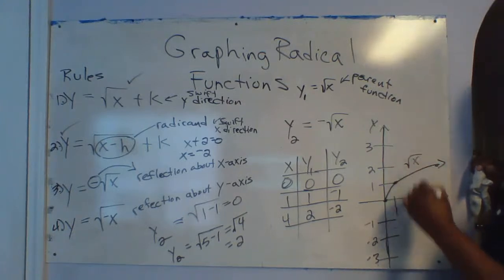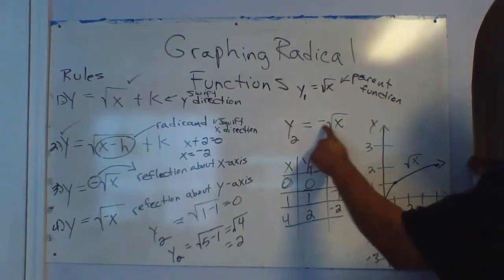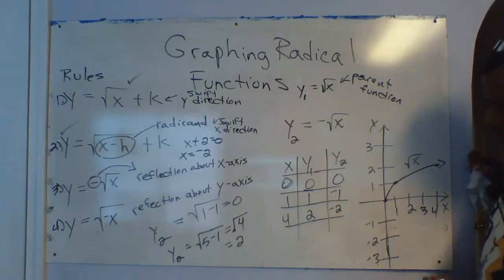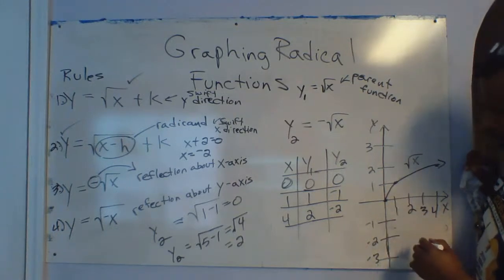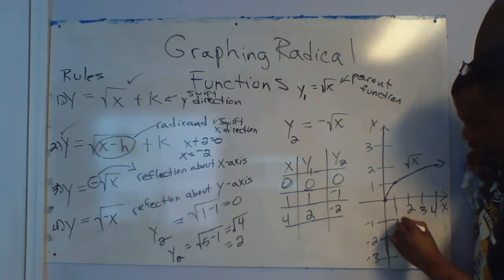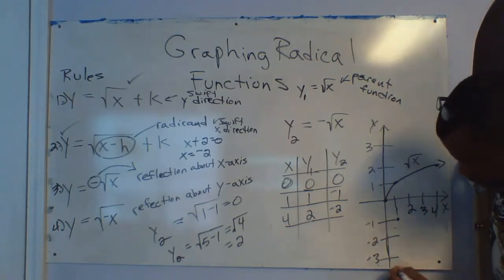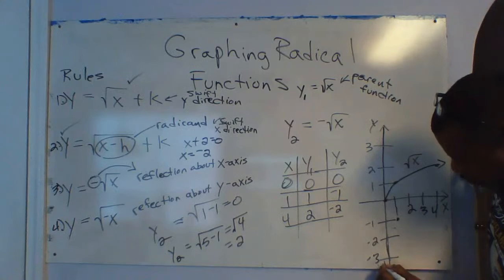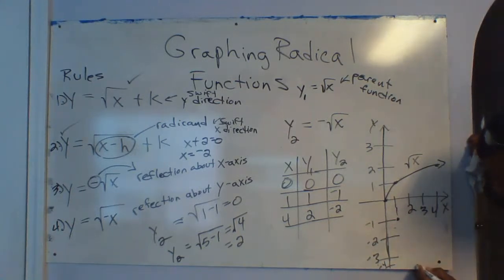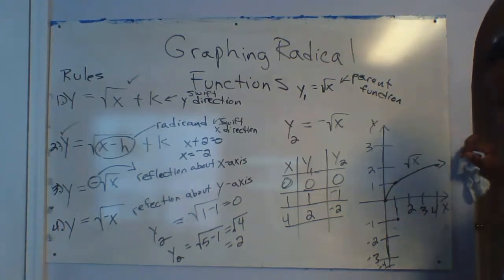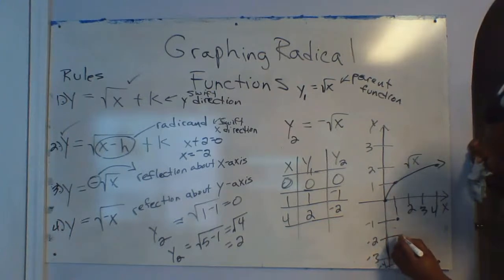That's your parent function. Now, since we put a negative here, we have 0, 0, then 1, negative 1, and then 4, negative 2.